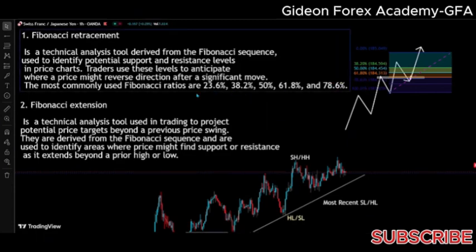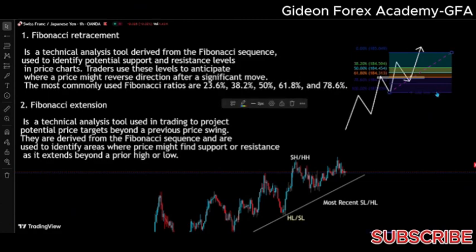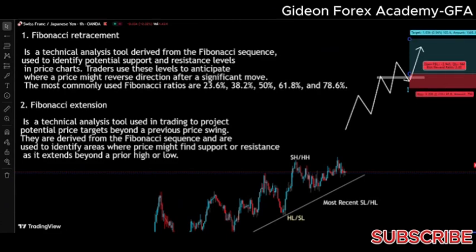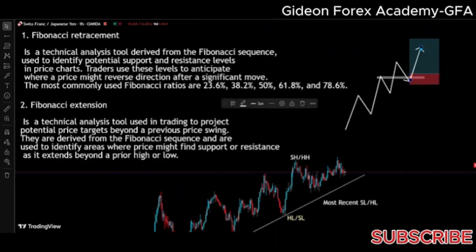There are those who trade also at 23.6%, but usually the favorite positions are between 50% and 61.8, and also 78.6% before you place that. And after you have seen a confirmation in the lower time frame, then you can actually place your buy order around that particular area of the Fibonacci where you see a confirmation pattern in lower time frames to continue your buy, to place your buy position.